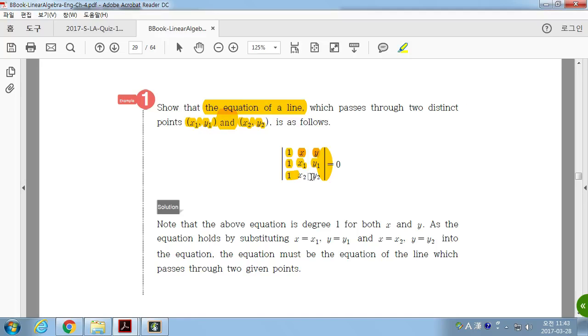So it satisfies it. This is an equation of a line that passes through the 2 points. So finding the equation of a line is much easier if you know determinants.